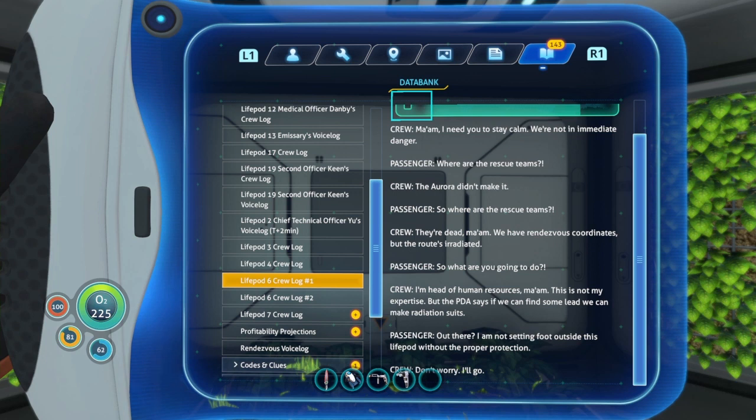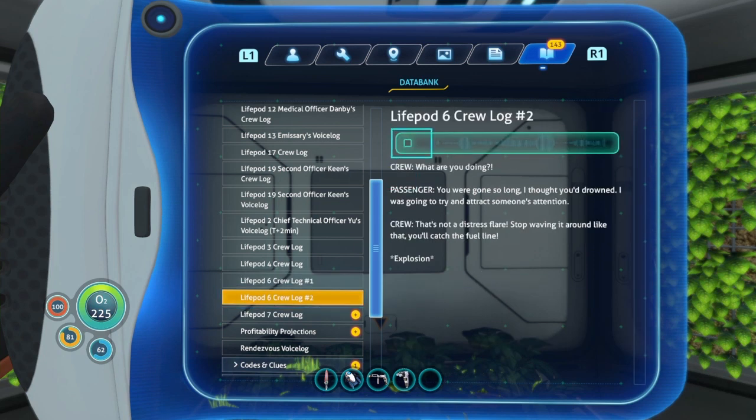Out there! I am not setting foot outside this life pod without the proper protection. Don't worry. I'll go. What are you doing? You were gone so long. I thought you'd drowned. Put the flare down. I was going to try and attract someone's attention. That's not a distress flare. Stop waving it around like that. You'll catch the fuel line.